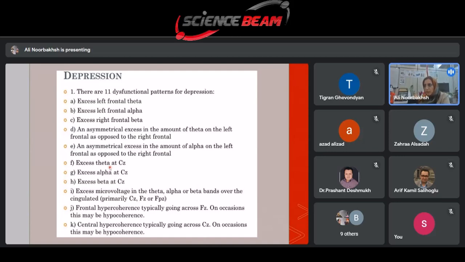Asymmetrical excess in the amount of alpha on the left frontal again. Excess theta at CZ, excess alpha at CZ, excess beta at CZ again, and so on. Frontal hypercoherency. When we say hypercoherency, we can see a red line, okay, a red line on a hypercoherency.